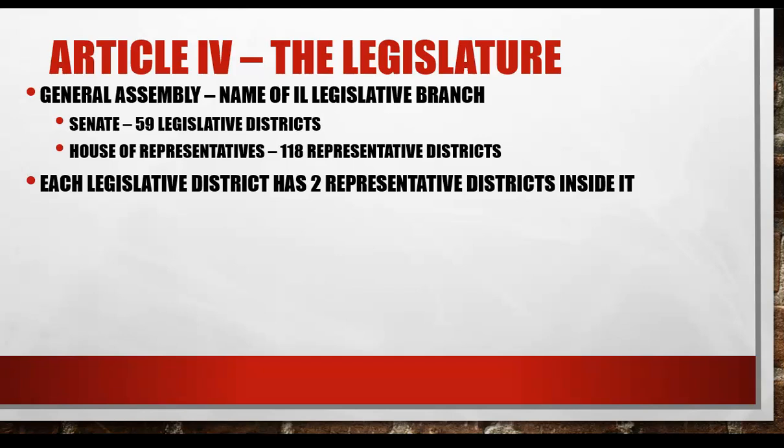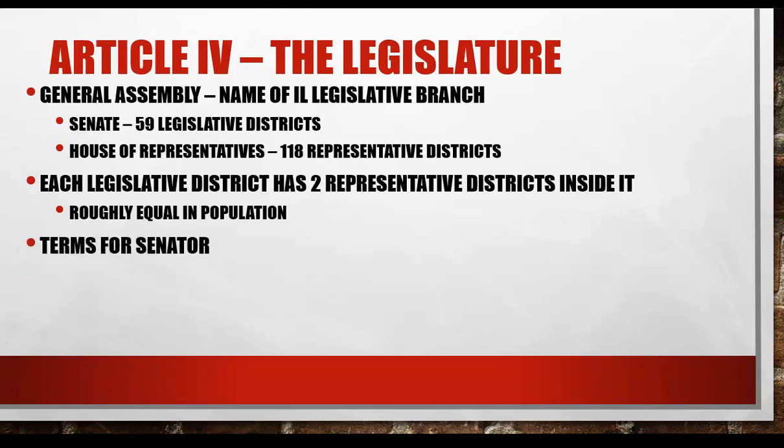And so that's how we get the 59 senators and the 118 representatives. Every district has to be roughly equal in population, just like when you draw district lines federally. They have to have roughly the same amount of people in them.